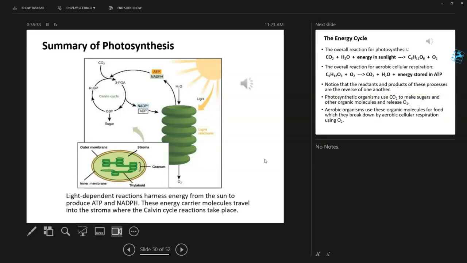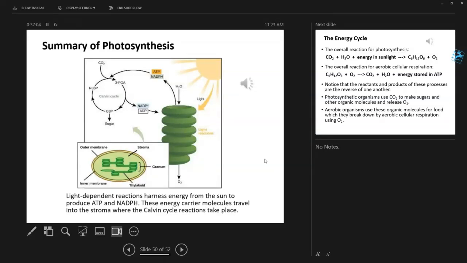So what happens here is basically taking this little carbon dioxide molecule, adding energy and hydrogen from ATP and NADPH to make glucose, which is C6H12O6. That's carbon, hydrogen, and oxygen in it.